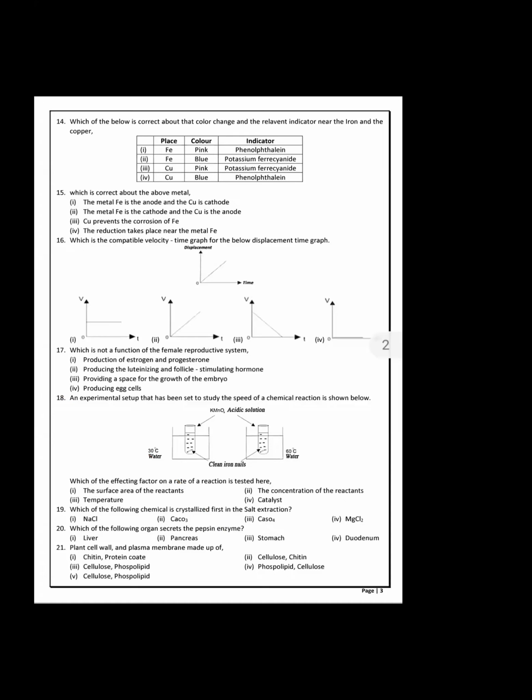It is your correct answer. Don't write, don't do this one.